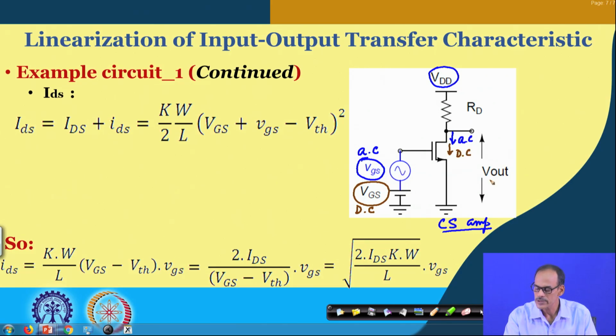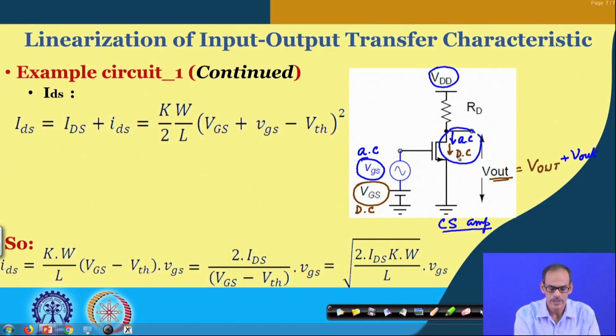Likewise, the output voltage may have a DC part called capital V out, and in addition it may have a small signal part, say small v out. The current has a DC part denoted by capital I capital DS, and also a small signal part, small i small ds.